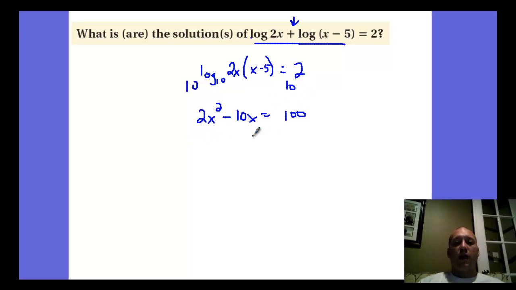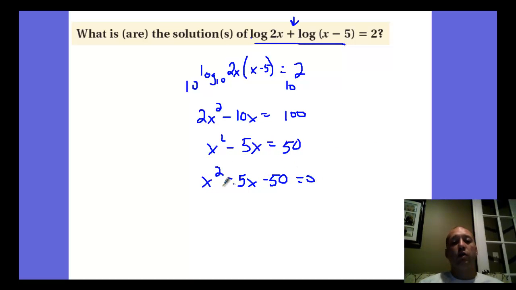I would then divide, either way, by 2. x squared minus 5x equals 50. Subtract the 50, so x squared minus 5x minus 50 equals 0.